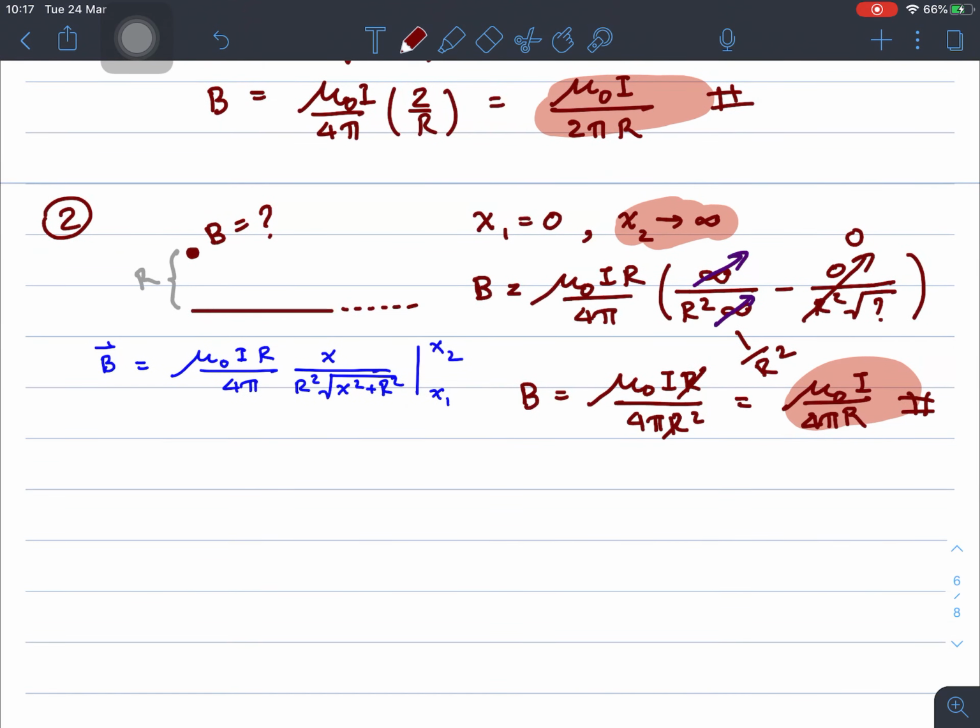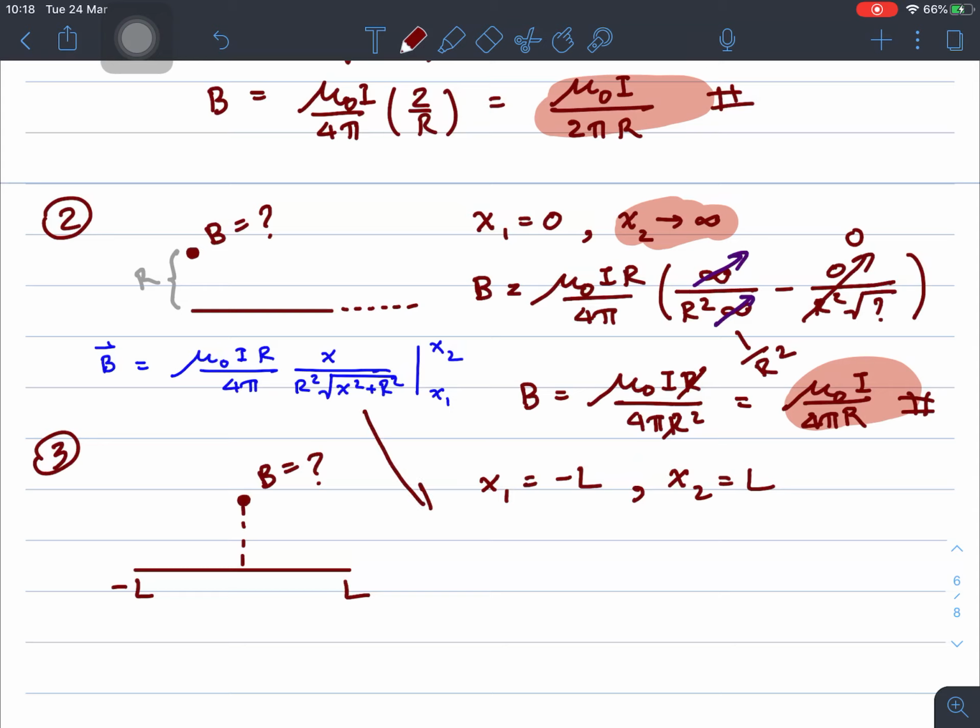But if you have a finite size, for example, if my current line is limited from minus L to L, and you want to find the magnetic field over here, I'll substitute x1 as minus L and x2 as L, using the same formula.